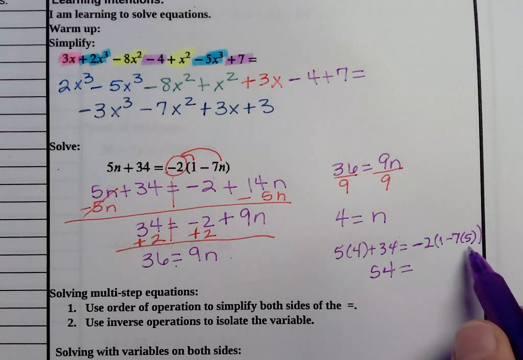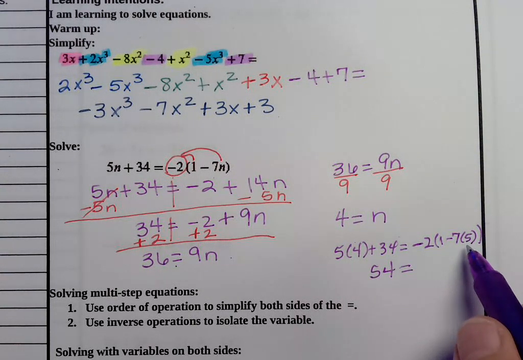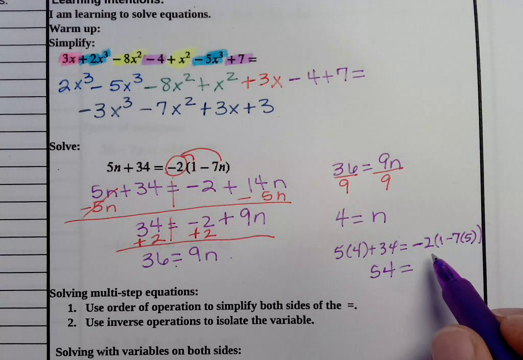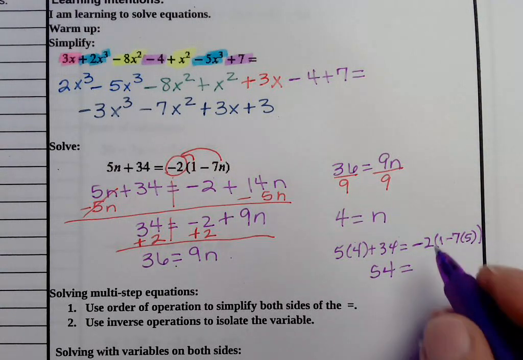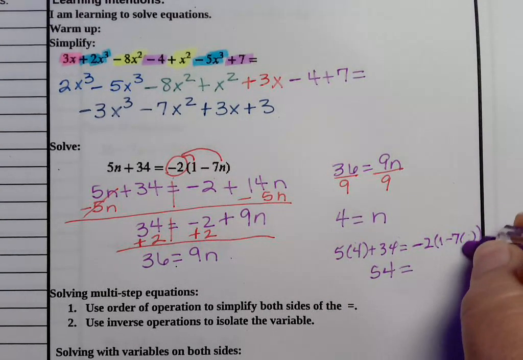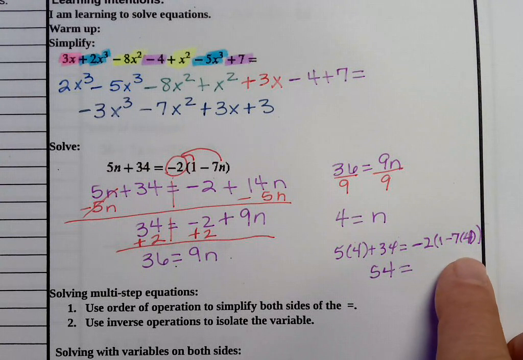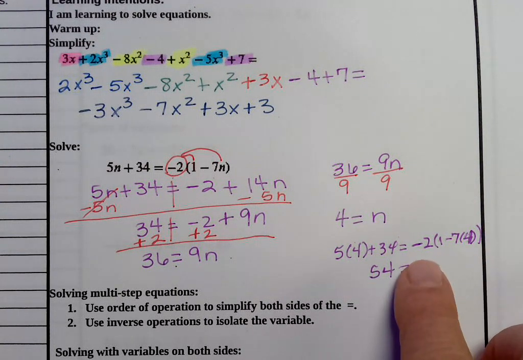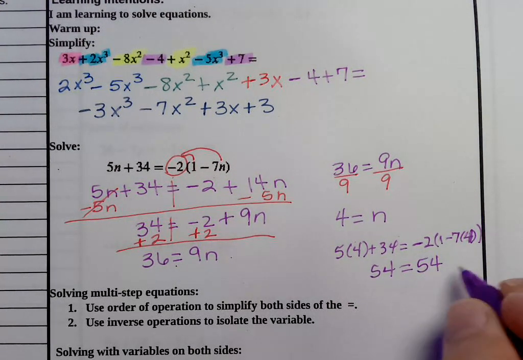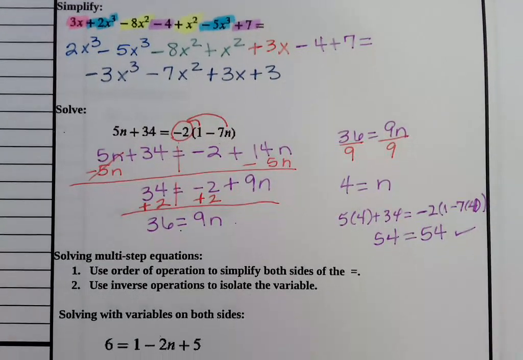Okay, 1 minus 35. 1 minus 35 would be negative 34 times negative 2. Oops, this is where I made my mistake, because that wouldn't have been the correct answer. This should have been a 4 here instead of a 5. Okay, 1 minus 28 is negative 27. Negative 27 times negative 2 is positive 54. I checked my answer and it is good. So make sure you recheck if something seems to not be working out correctly.